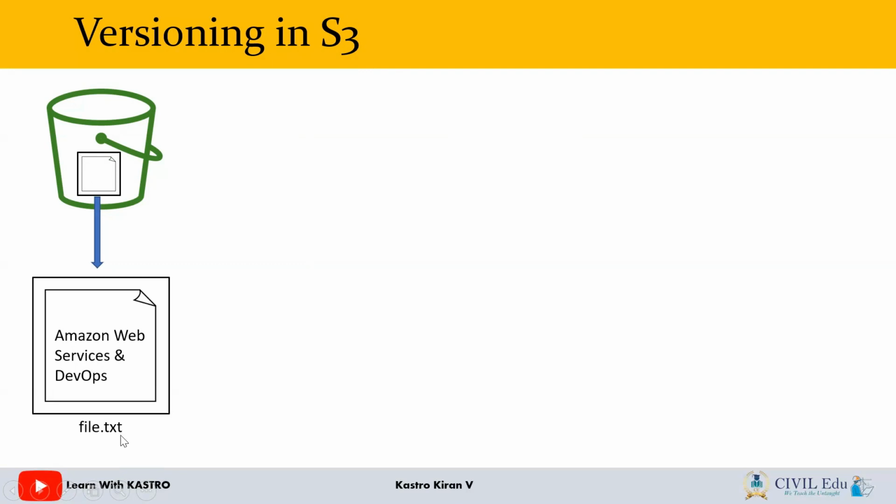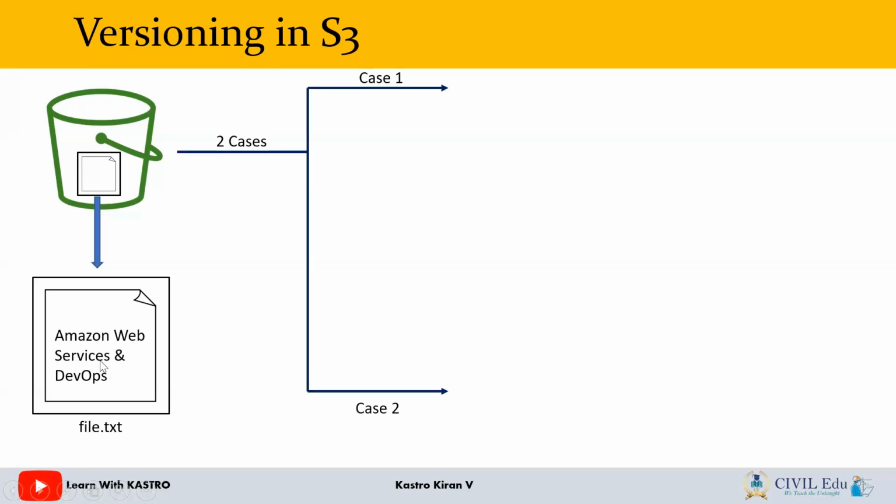You can consider this as the original file uploaded into the S3 bucket. So what is the original file? The original file name is file.txt, and the content is Amazon Web Services and DevOps. Now, whenever you upload an object into the S3 bucket, we will see two different kinds of scenarios.